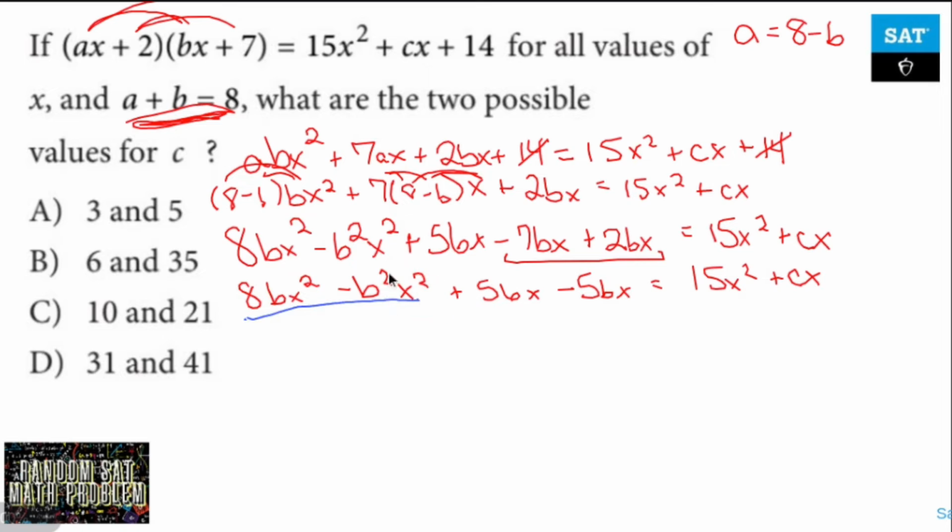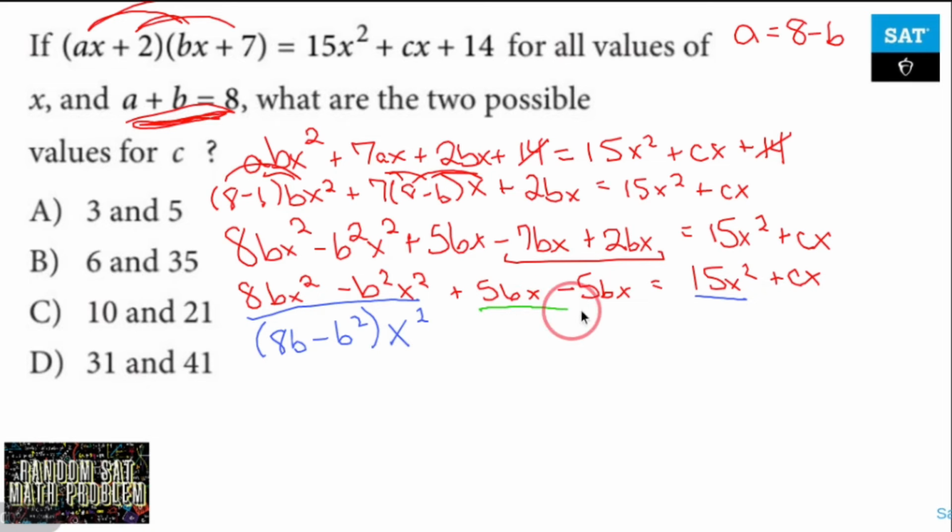I have an x squared in common over here and an x squared over there. I'm going to factor out the x squared so I can compare what I have in blue here to what I have in blue here. If I bring out the x squared and put it out front, so it's a little easier on the eyes, I have (8b minus b squared)x squared.